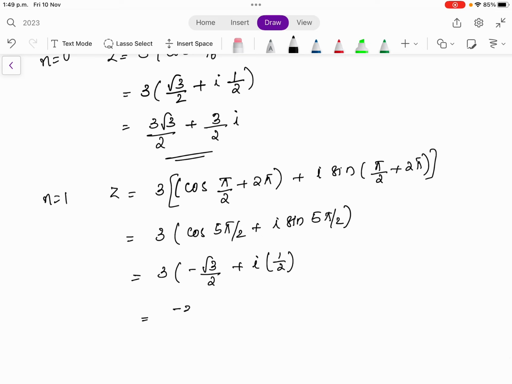That is equal to minus 3 root 3 over 2 plus 3/2 i.